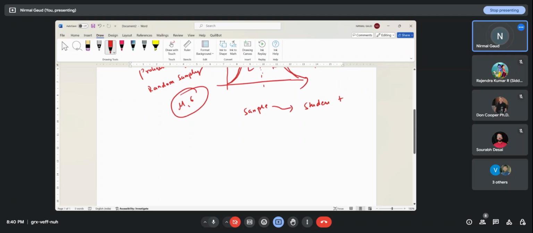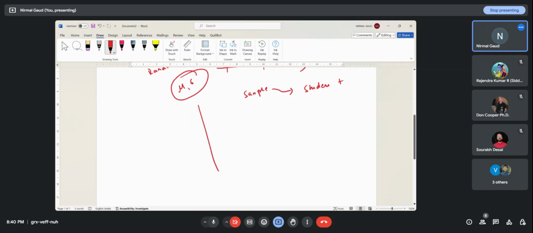So it looks like this, this is student T, where we have a sample of data. Small data.